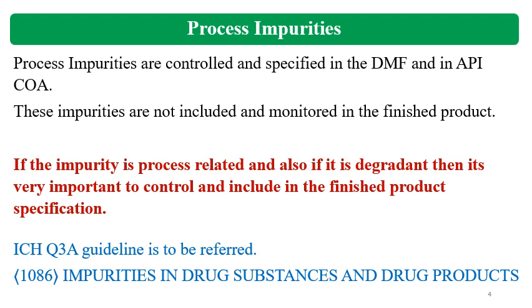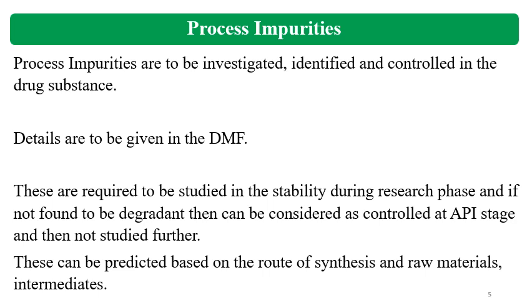The references for process impurity specifications are ICH guidelines, like ICH Q3A is there for drug substance, and chapter 1086 in the USP is there for impurities in the drug substance and drug products. So from this literature you can get the exact idea about the impurity specification.